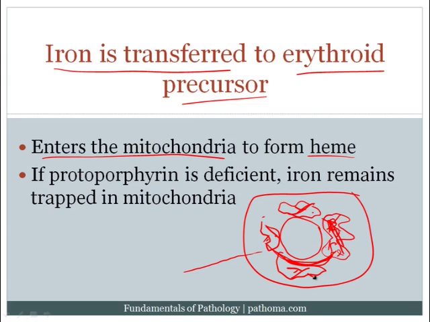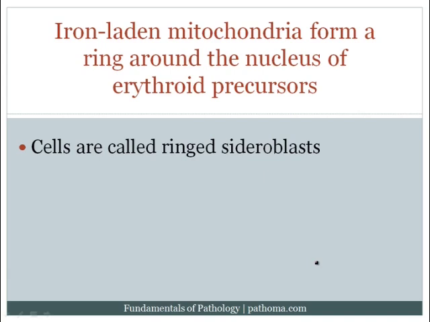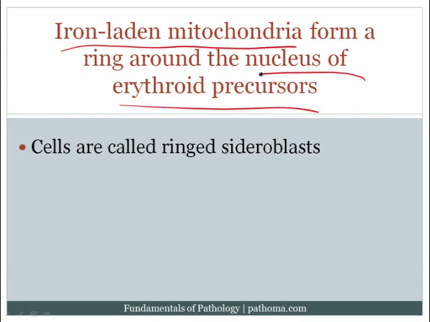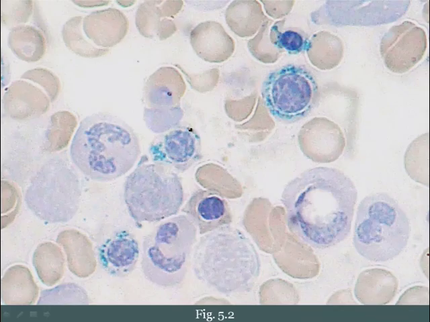As they become loaded with iron, that's going to create a ring of iron-loaded mitochondria around the nucleus of the cell. And that creates the classic cell that's seen within sideroblastic anemia, which is called a ringed sideroblast. So that's what I'm saying here in this particular slide. Note what I say: iron-laden mitochondria form a ring around the nucleus of erythroid precursors, and these are called ringed sideroblasts.